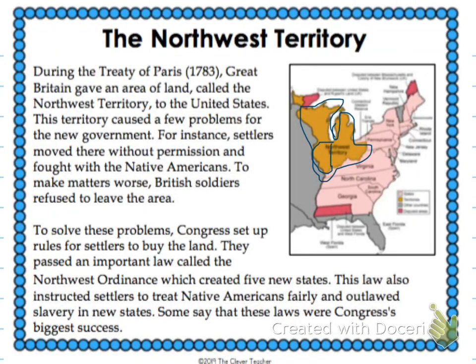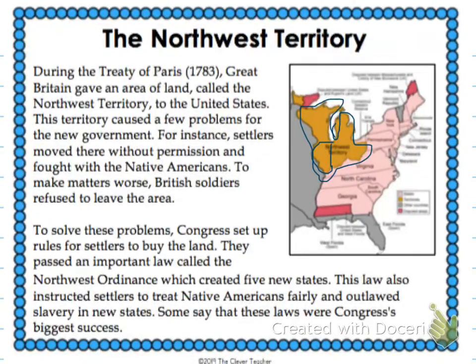So let's begin reading. Enough about old stories here. It says, during the Treaty of Paris, 1783, Great Britain gave an area of land called the Northwest Territory to the United States. This territory caused a few problems for the new government. For instance, settlers moved there without permission and fought with Native Americans. To make matters worse, British soldiers refused to leave the area.